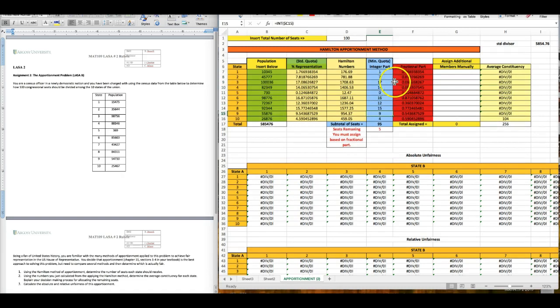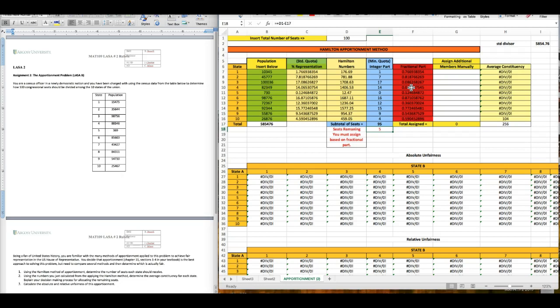Now, if we keep going here, we see that when we add all these numbers up, we get 95, okay? So we know we have to have 100 seats, so that means we have to manually pick the other 5, okay? And how we're going to pick them is by looking at the fractional parts here and saying based upon which fractional part is the most, we choose the first.